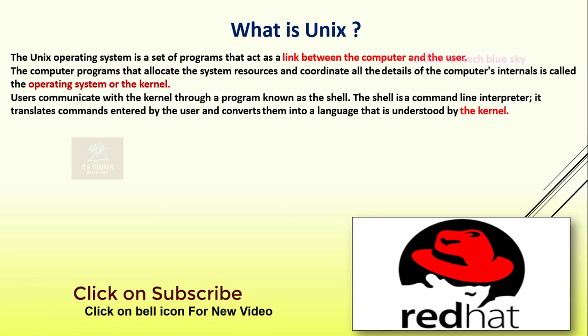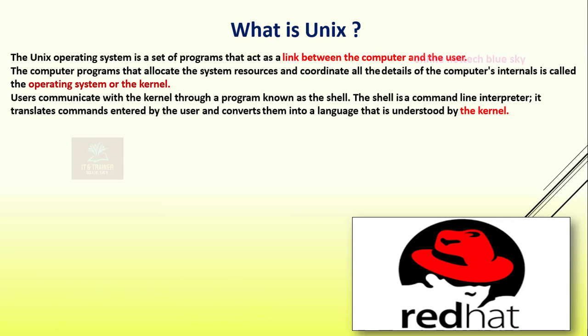Understand that it translates commands. So one type of shell is a command line interpreter. You enter a command, and it translates the command entered by the user and converts it into a language understood by the kernel.